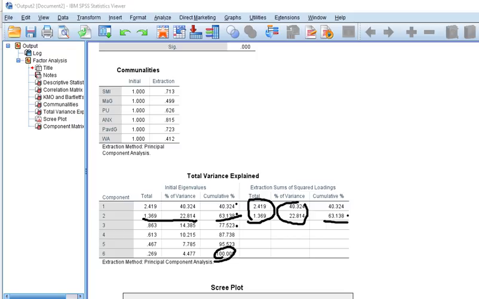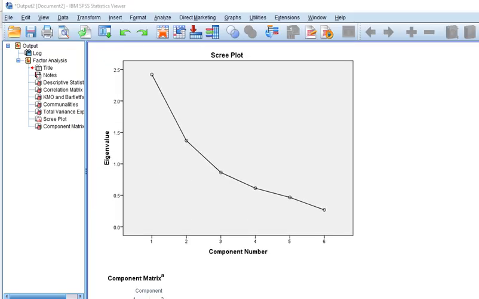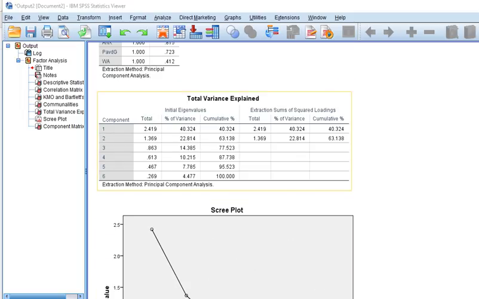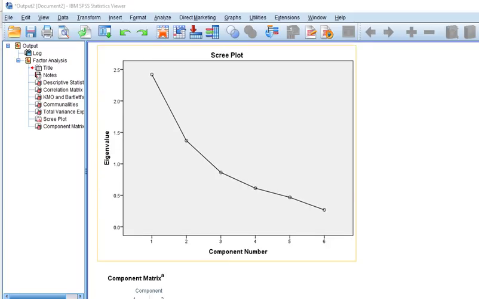Also, we could look at the Scree plot, which is essentially a plot of the component numbers against the eigenvalues. Essentially the information contained in these columns right here, the component number and the eigenvalues, is plotted in the Scree plot. It's called a Scree plot because it looks like the side of a mountain.